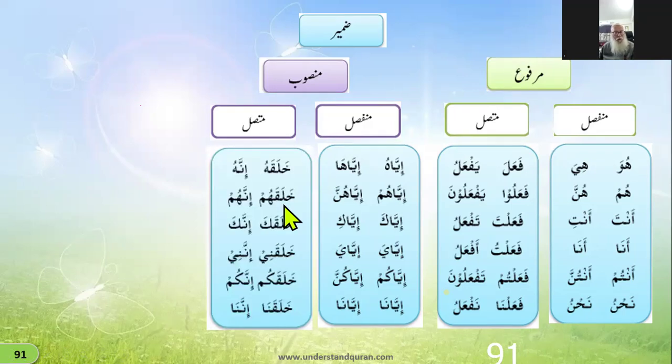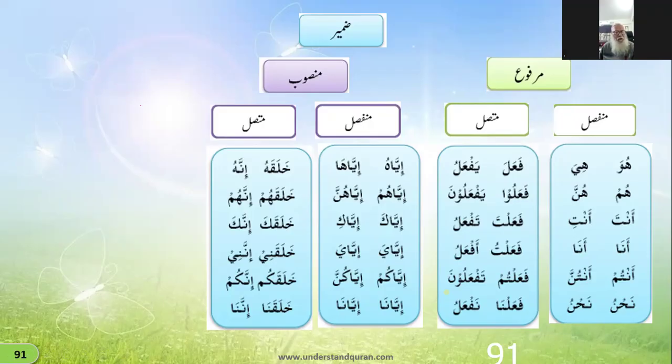Khalakahu, khalakahum, khalakaka, khalakani, khalakakum, khalakana. Fail, verb is attached with one verb, pronoun. Pronoun, when attached with verb, then it is called muttasil zamir. Or they come attached with inna.